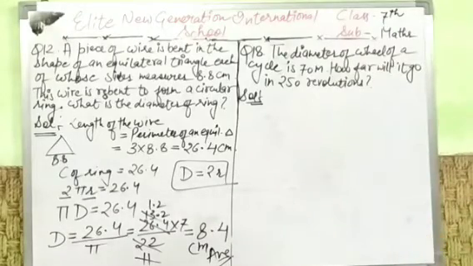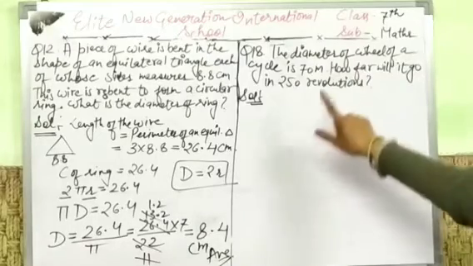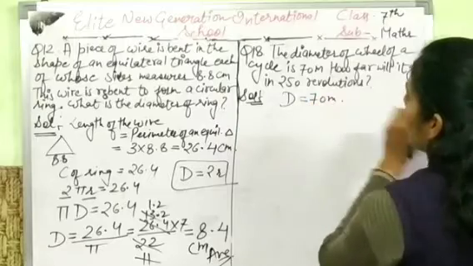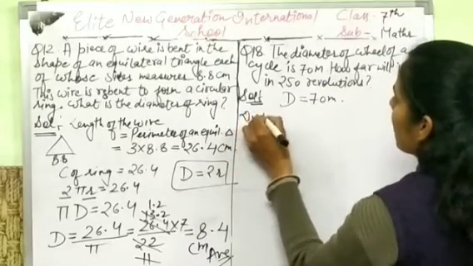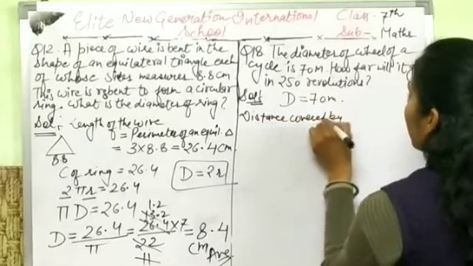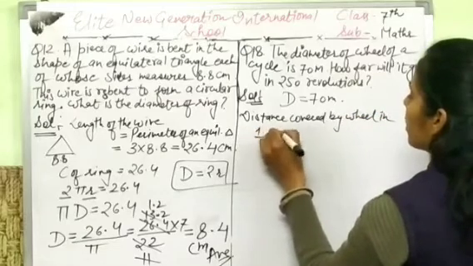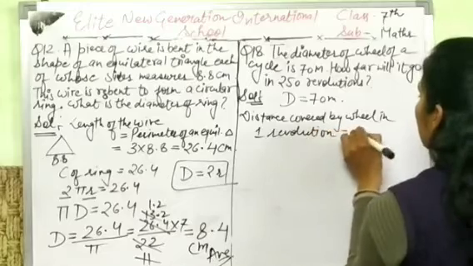But we have to find the distance in 250 revolutions. And here diameter is given. So diameter is 70 meter. Now we can write here the distance covered by the wheel in one revolution will be equal to 2 pi r.